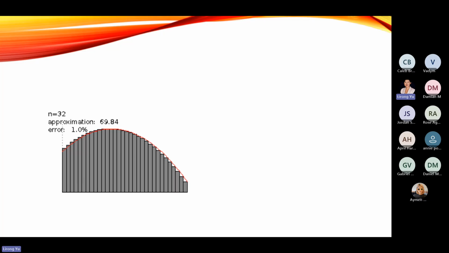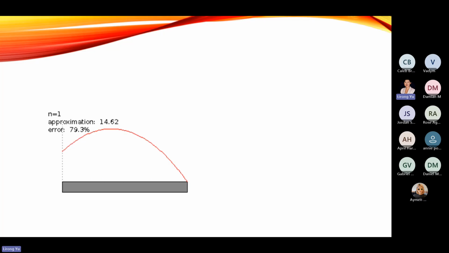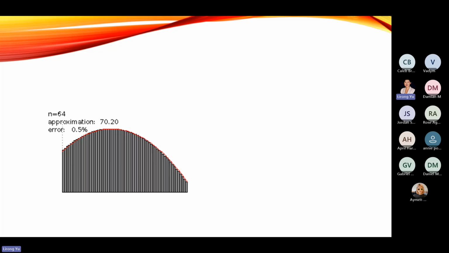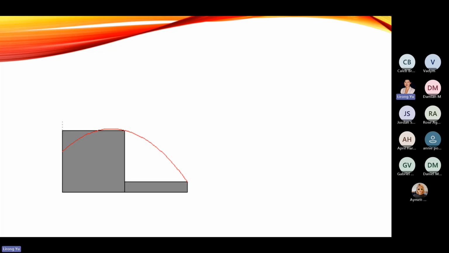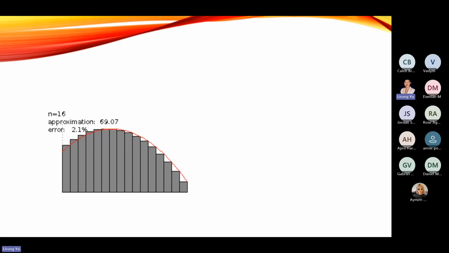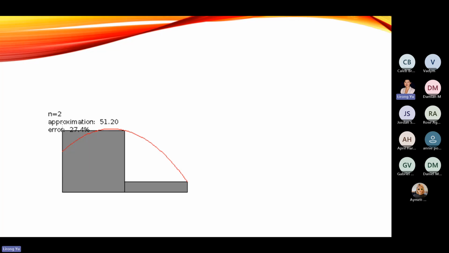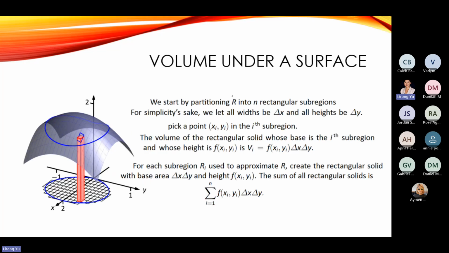The approximation of the area below the curve gets more and more accurate, and you can see the error gets smaller and smaller. This is a little computerized graph showing that as n increases, the error gets smaller and the approximation gets more accurate.